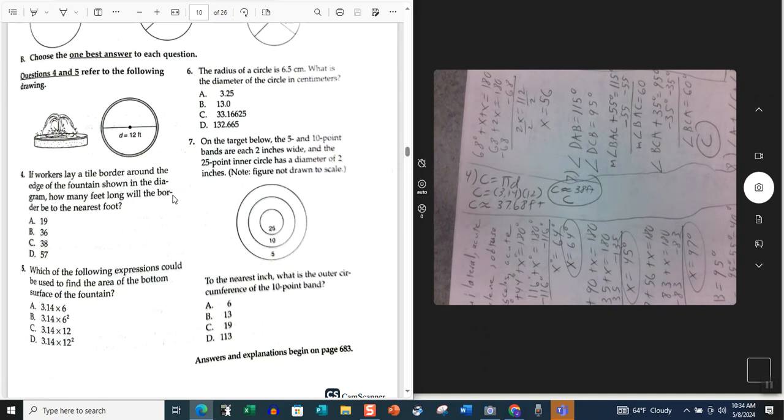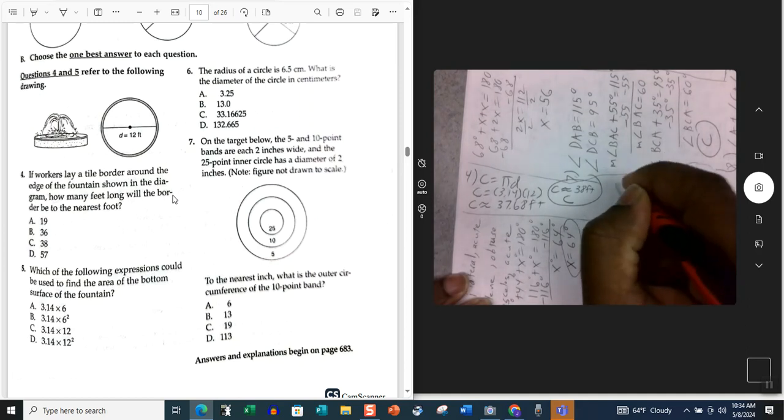Now we go to problem number 5. Which of the following expressions could be used to find the area of the bottom surface of the fountain? Now, basically, we're going to take this same formula here, or these same values, and we're going to use the area formula.